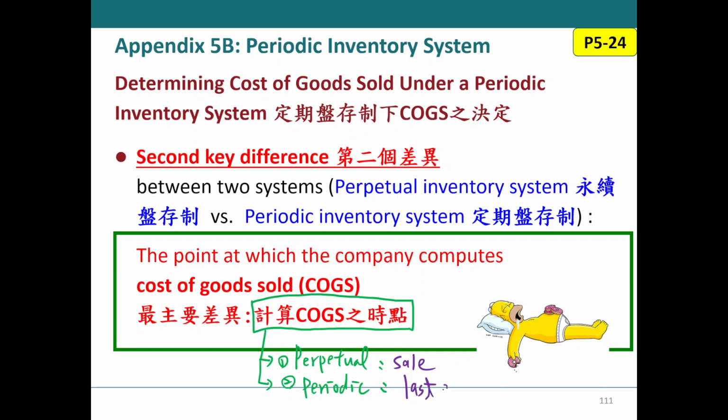So the end of period, 期末. Okay. Any questions? So right now it's quite easy. Why? Because we are lazy guys. So you could be lazy now. You don't need to record the second thing, cost of goods sold. You just need to record the first thing, revenue. Okay?